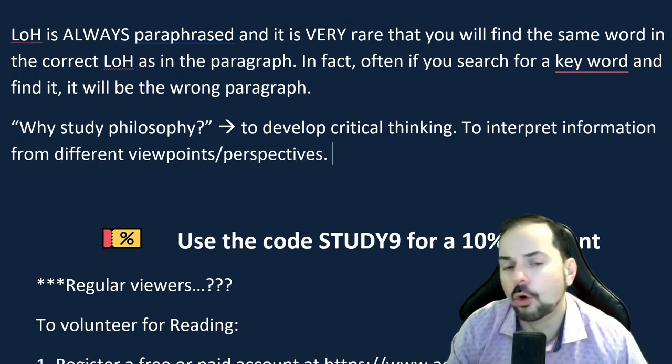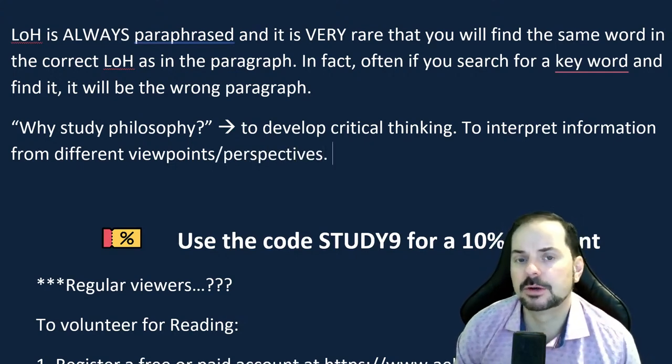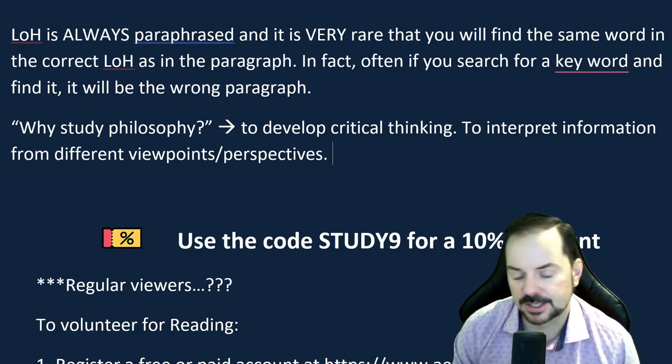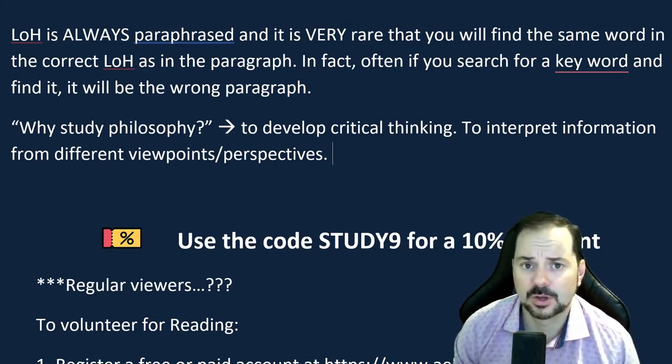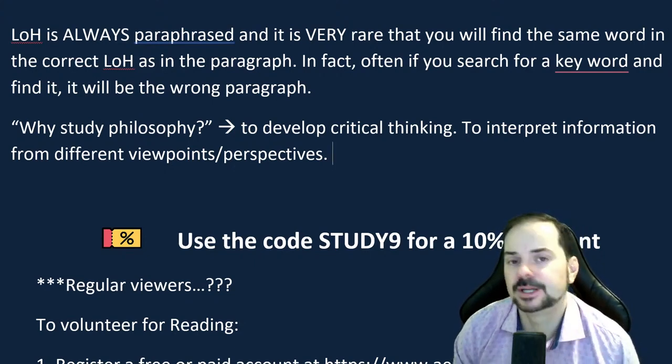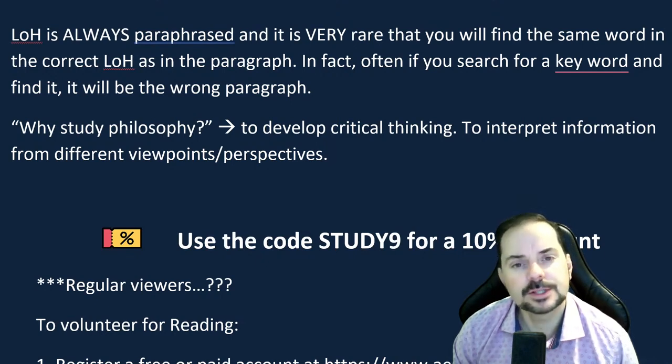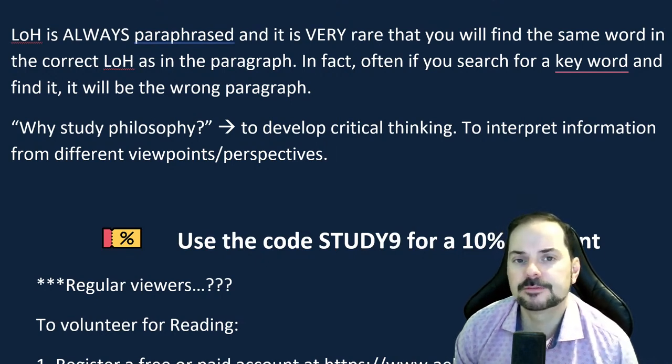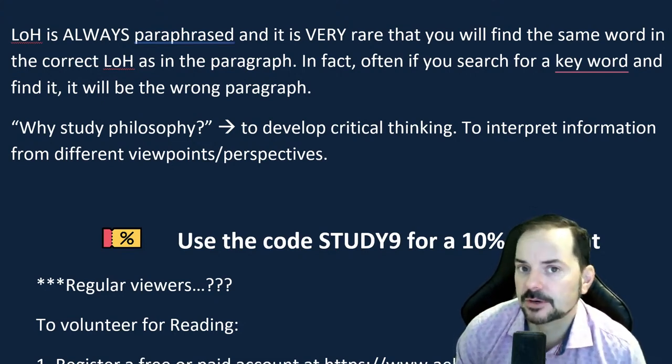What is the goal of philosophy? So when philosophers are philosophizing, right? Like, what is the meaning of life, right? What is their goal? What are philosophers pursuing? What are they attempting to figure out or trying to understand?